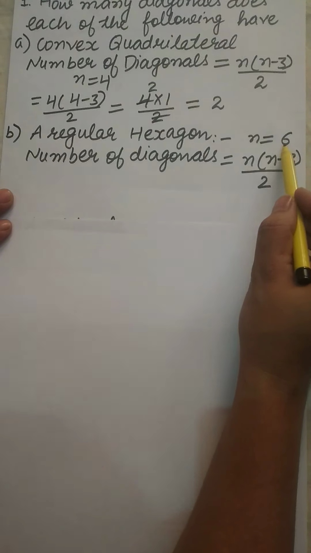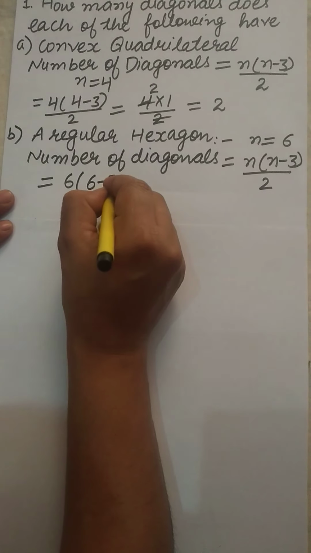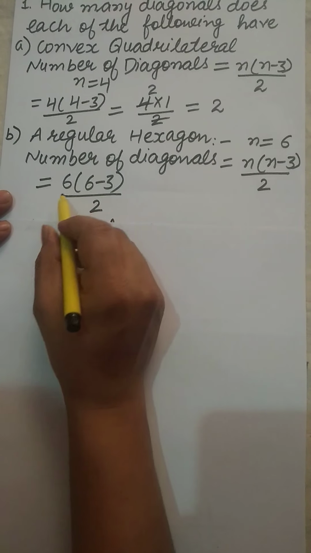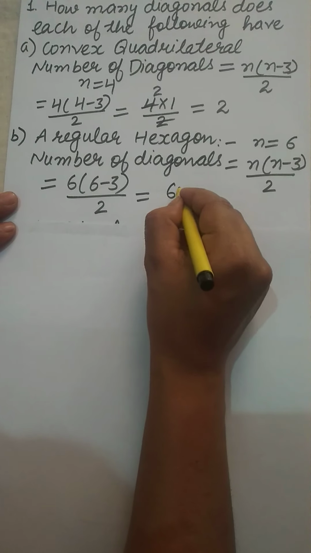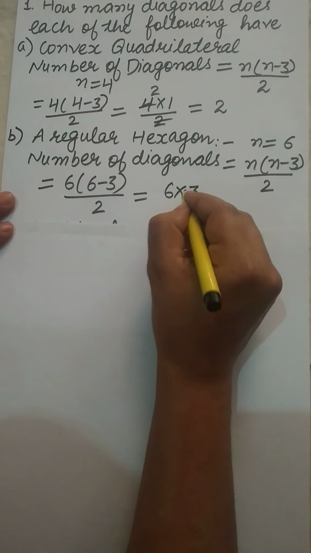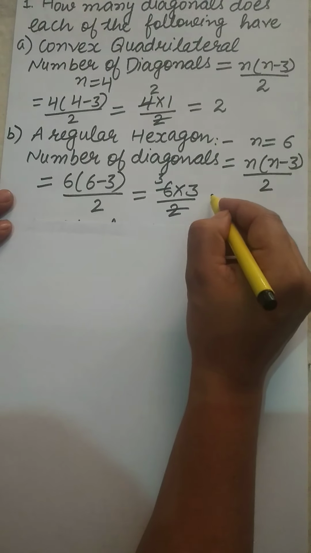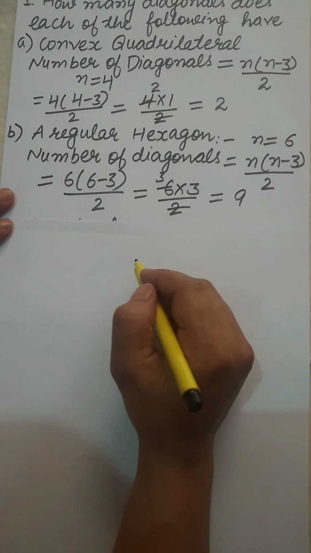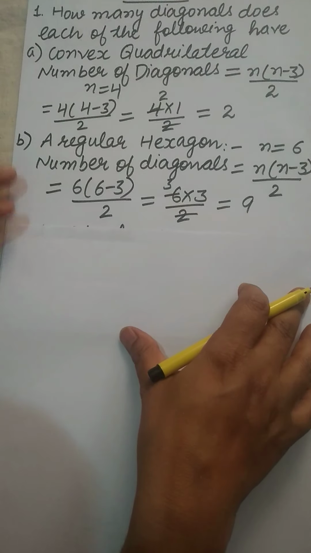Here the value of n is 6, so substitute the value of n. 6 into 6 minus 3 divided by 2, that is 6 into 6 minus 3 is 3 divided by 2. 2 3's are 6, 3 3's are 9. So there are 9 diagonals in a regular hexagon.